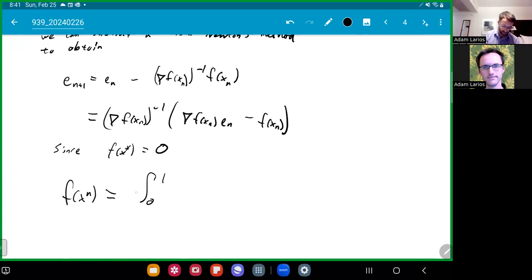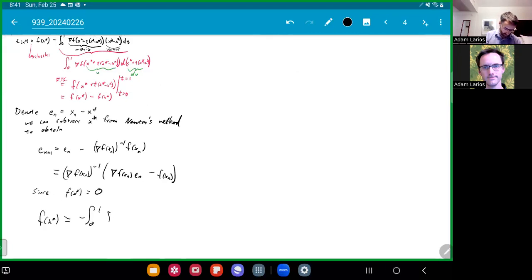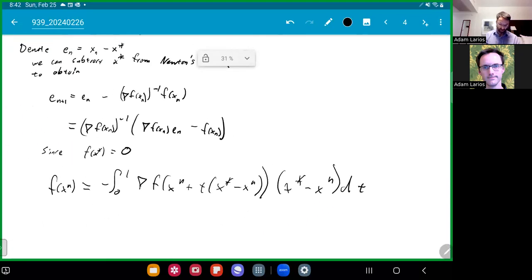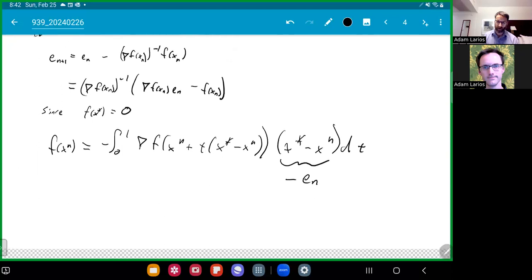So it would be minus. I'll write it here as minus, let's zoom out a little, the integral of gradient of f of xn plus t times x star minus xn, times x star minus xn dt. But this x star minus xn is negative En. And so we can write this a little bit differently.